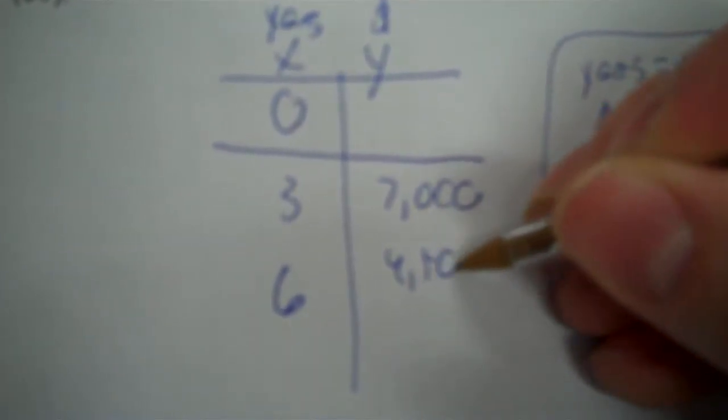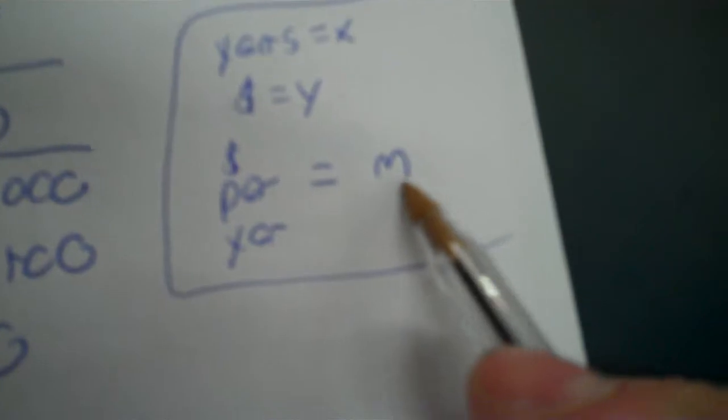Then you're going to put 6 years with $4,500. And then your job is to find when you are at $0, okay? Now, clearly you can see the money going down, so I would put a B right there. So when I go construct my line graph, B plus, and then I don't know my M, so it's M times X. So I have to find the M and the B before I can write my equation down here.